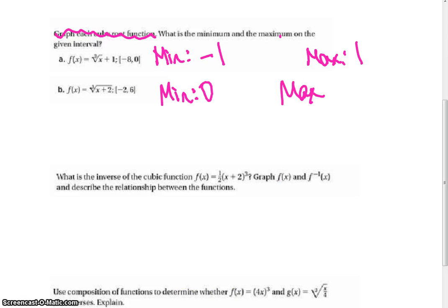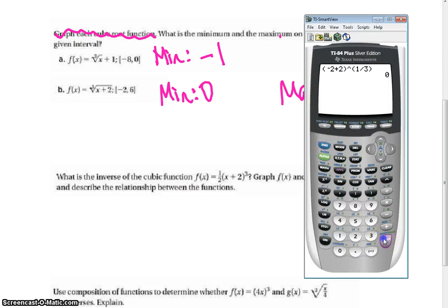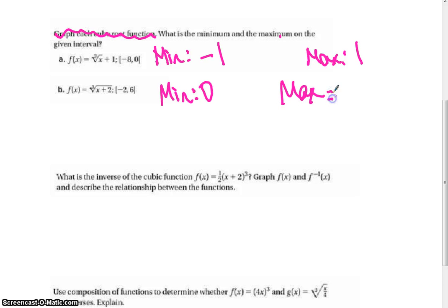And then to do your max, you're going to do second enter to pull it right back up. And you're going to change the -2 to a +6. So delete the negative, put a 6, enter, and your maximum is 2. So over the interval, the minimum value is 0 and the maximum value is 2.